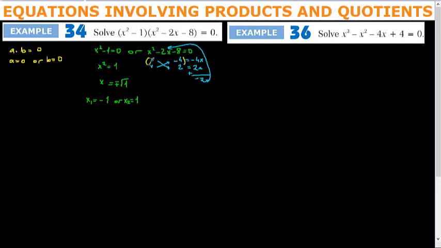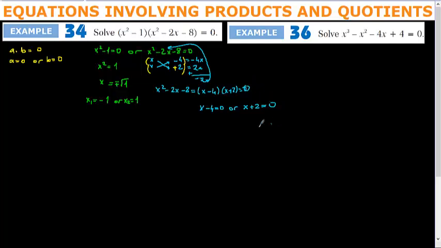Here we get the factors x minus 4 and x plus 2, which means x squared minus 2x minus 8 is equal to x minus 4 times x plus 2, which is equal to 0. Then x minus 4 is equal to 0, or x plus 2 is equal to 0.